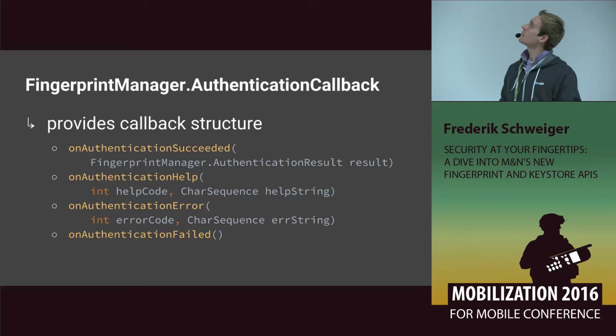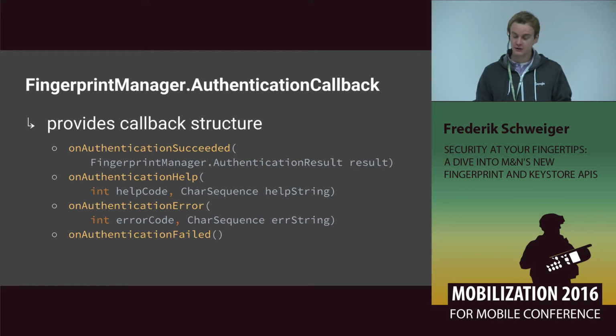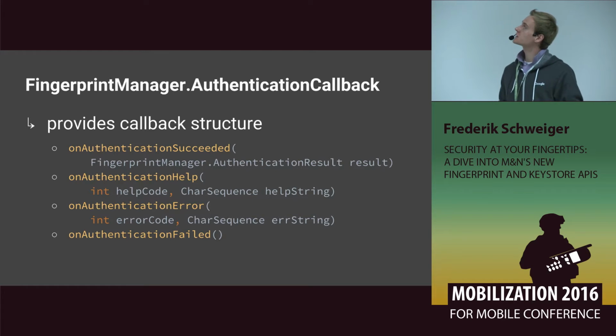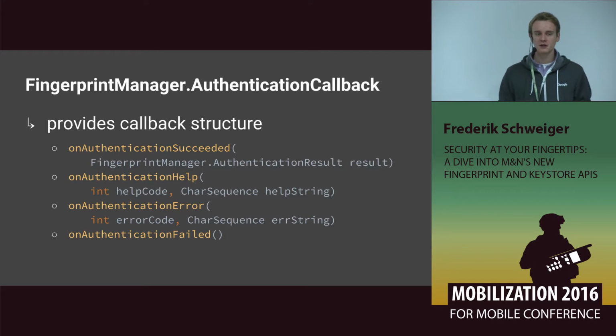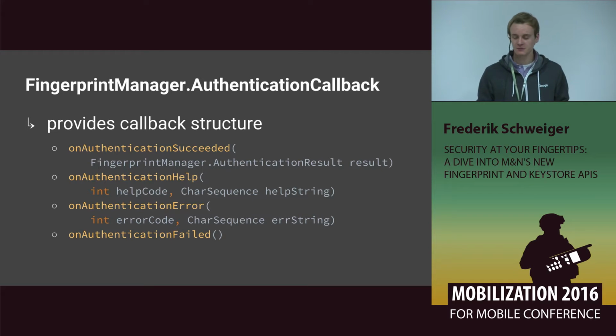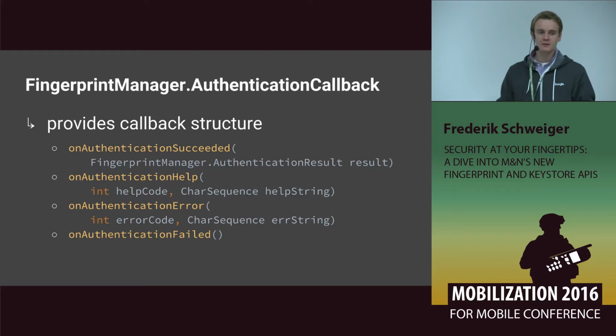And the fingerprint authentication callback provides the following callback structure: onAuthenticationSucceeded with the result; authentication help, which shows you, for example, that there's some dirt on the fingerprint sensor, so you can prompt the user to clean the sensor, or when the swiping was too fast. And the same applies for an authentication error.